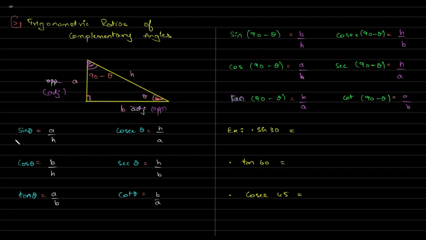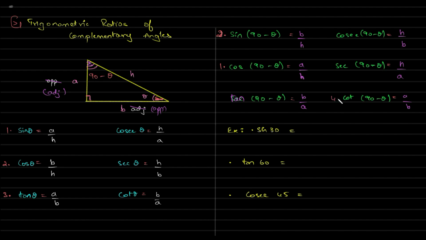So the next step is match the following. Take a ratio from here, match it over here. So example, sine theta, which is a by h, is equal to cos of 90 minus theta, which is also a by h. So cos theta is equal to sine 90 minus theta. Can you see that? B by h and b by h, same ratios. So this will be equal to what?